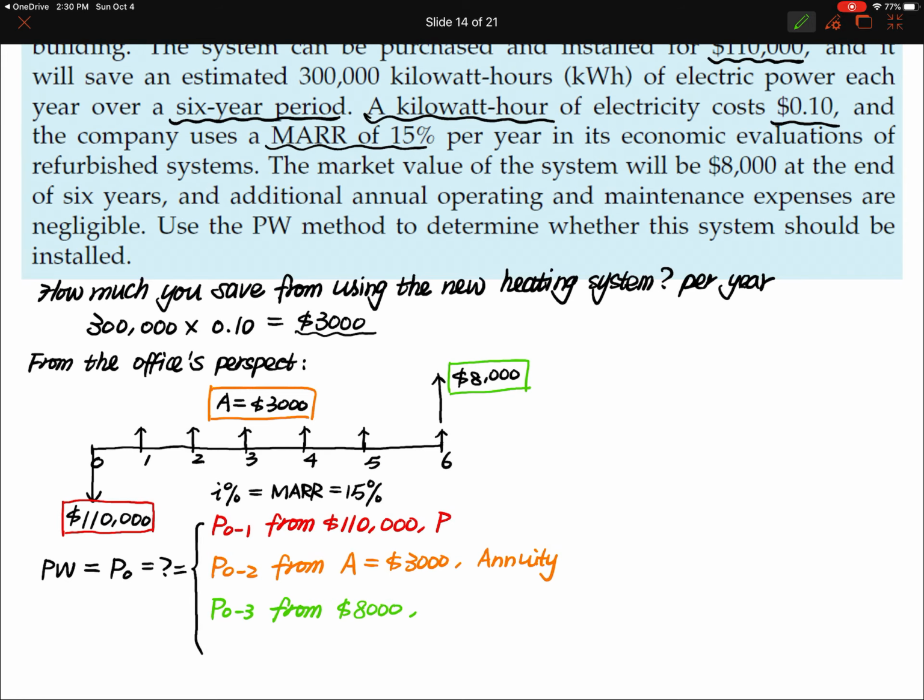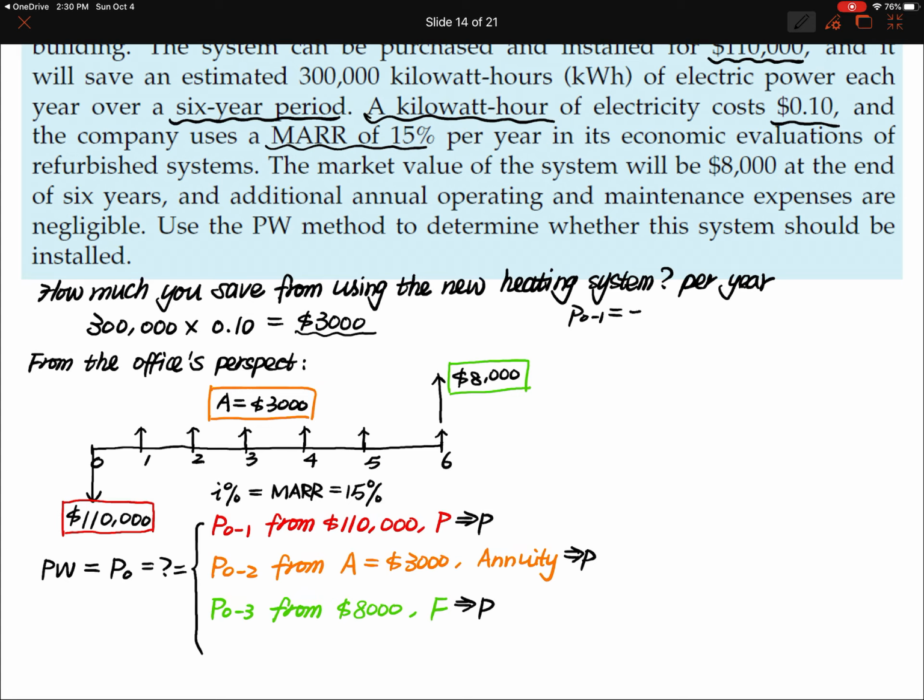And then you have the third part, which is from the 8,000 market value. It is a future value. Okay? And next, you just want to convert these 3 parts back to the present.